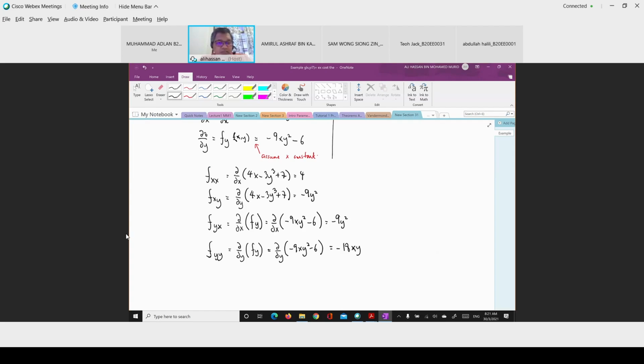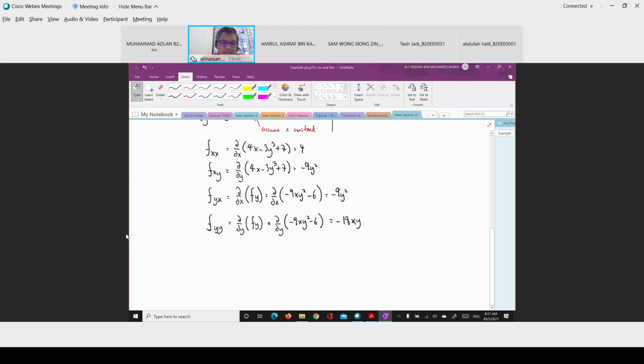Notice here that the mixed partial f partial x partial y is the same as f partial y partial x. They are equal.